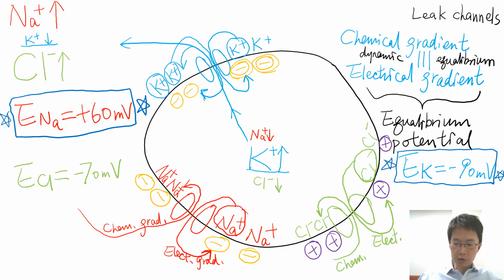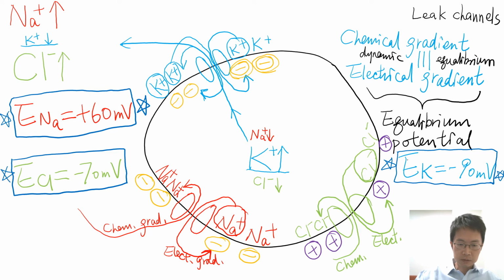Again, I want you to memorize this. I want you to memorize these three values. It is important. I still haven't explained to you why we have these three, so in the next slides, I'll talk about why.